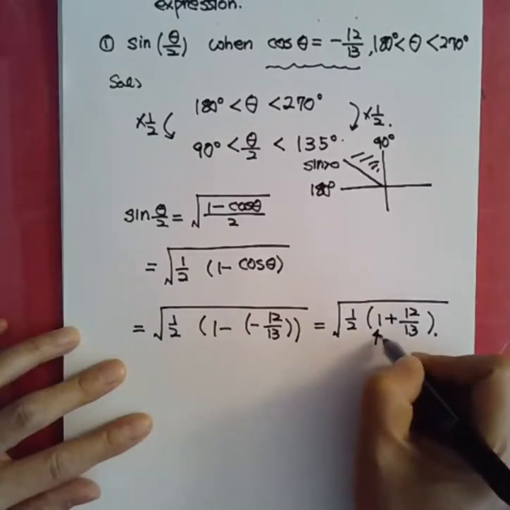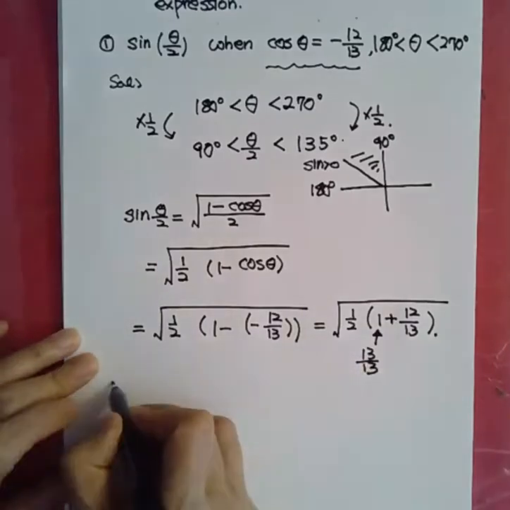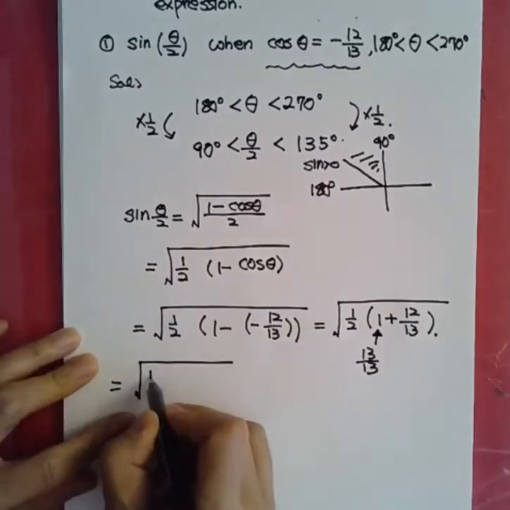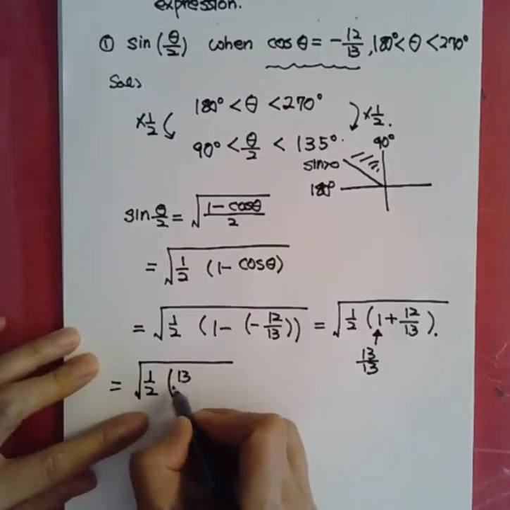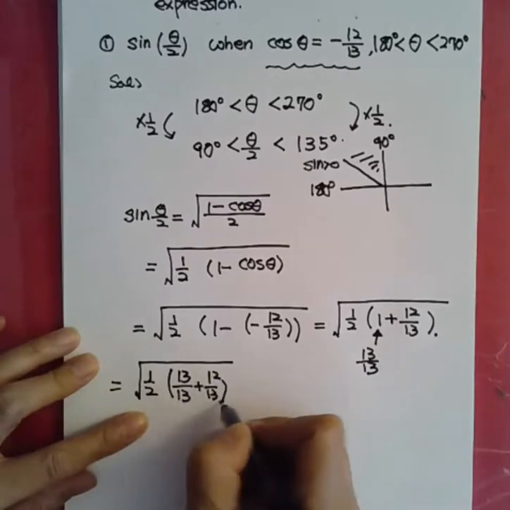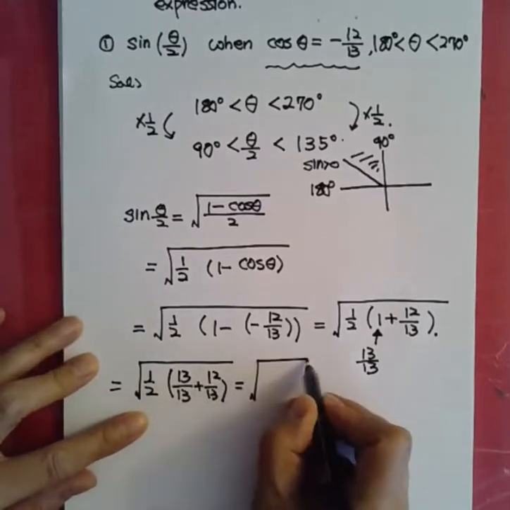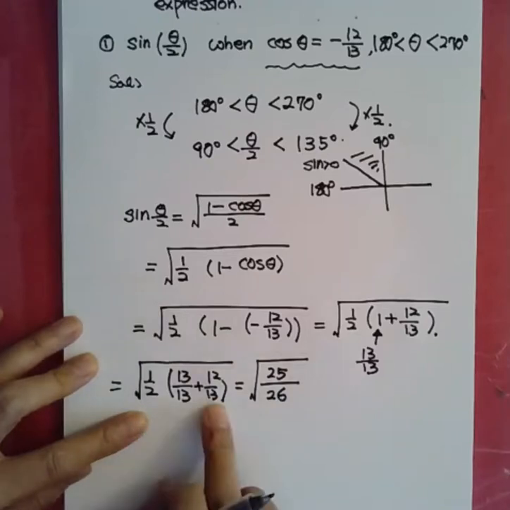So 1 is 13 over 13. When we calculate that, we have 1/2 times (13 over 13 plus 12 over 13). That equals the square root of 25 over 26, because that is the common denominator.